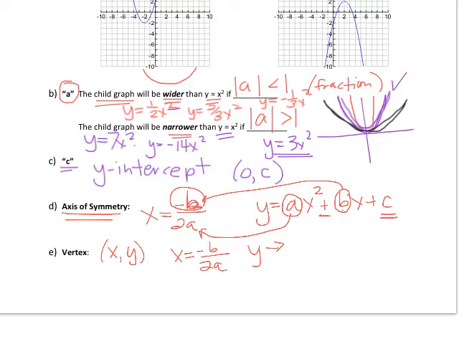So whatever we get, we're going to plug in the x value that we got when we did our axis of symmetry work, and plug it into the equation and then simplify. So those are just a few of the things that we can use to see how the graph is going to look. And these are some terms that you need to be familiar with in order to continue on working with these quadratic functions.